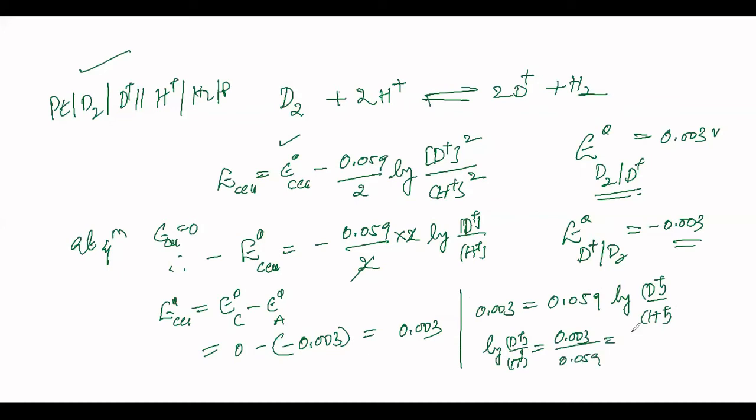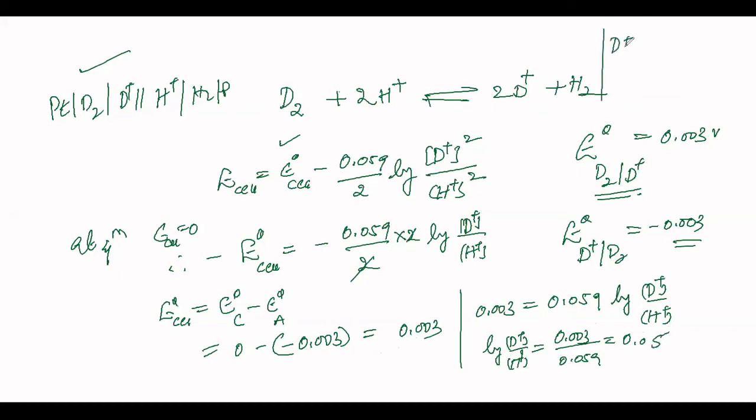What is the value that you get there? 0.003 divided by 0.059. Yes, I think it is 0.05. Yes or no? Yes, ma'am. I think it is 0.005. So let's write it here. 0.05, not 0.005, 0.5.